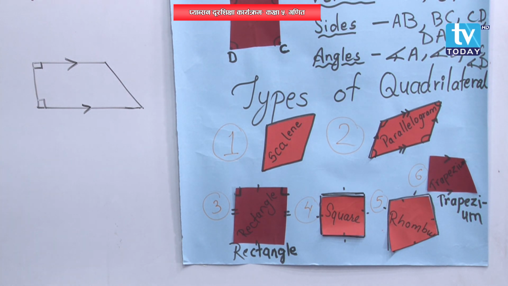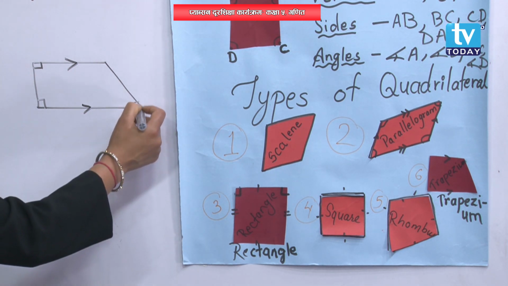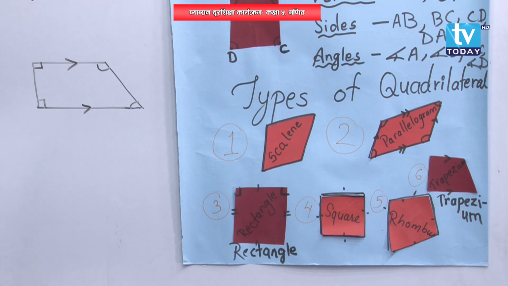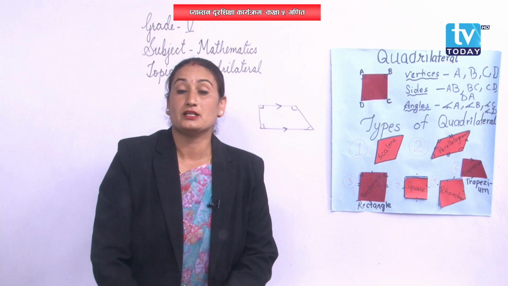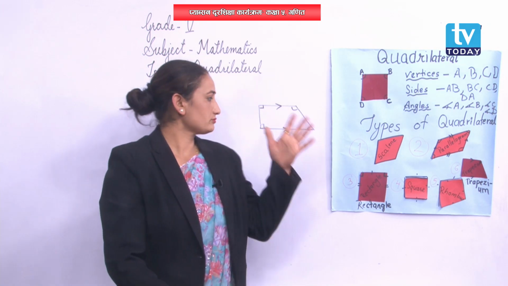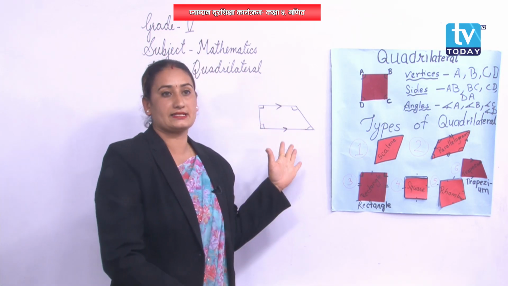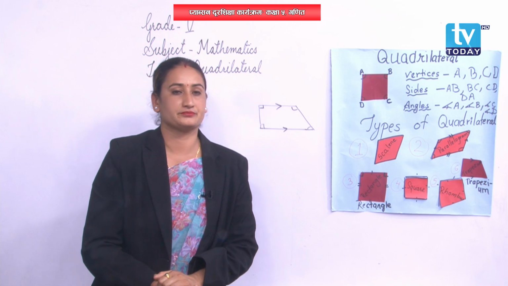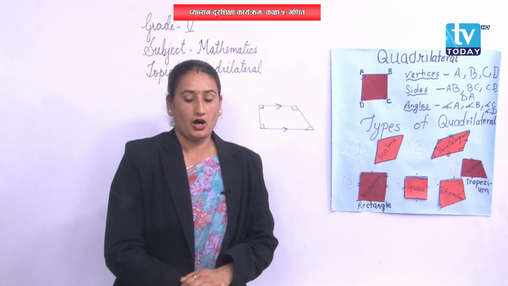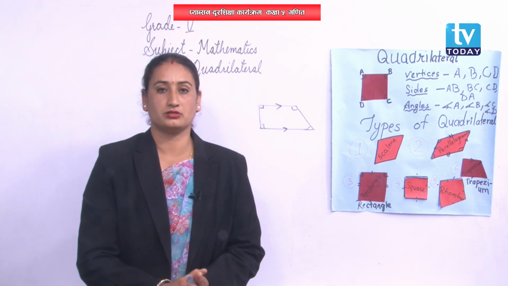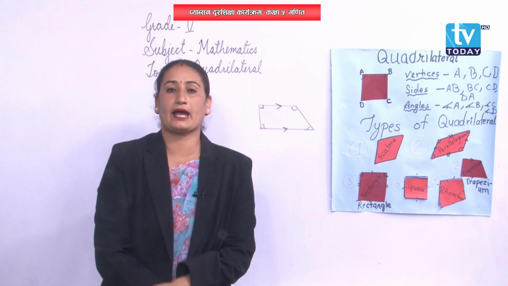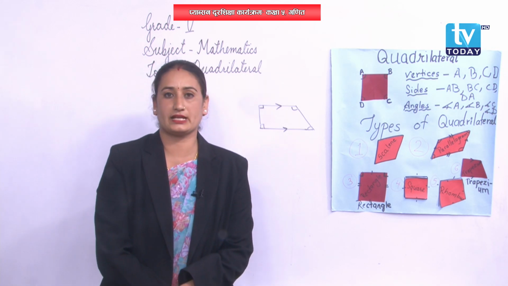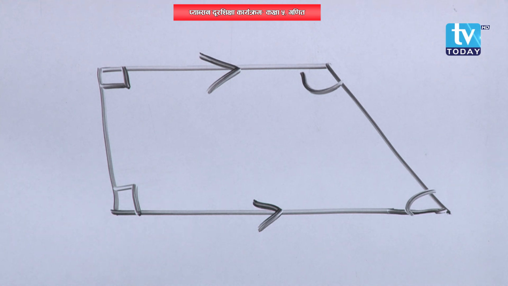Can you see this straight line of two sides? So, these two sides of angles will be 90 degree, and of the other two, one will be less than 90 degree and another will be more than 90 degree. So, students, this is known as the trapezium. Got it? Okay, now in this way we can define the quadrilateral and its types.